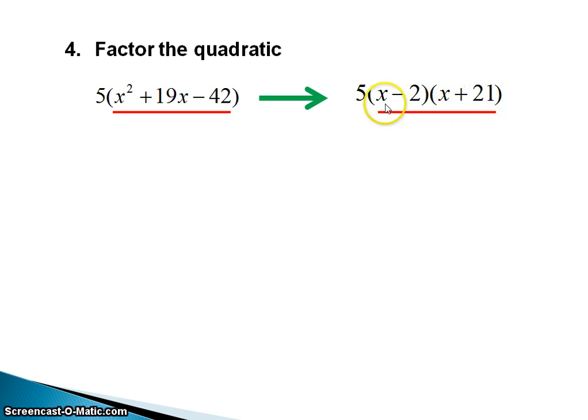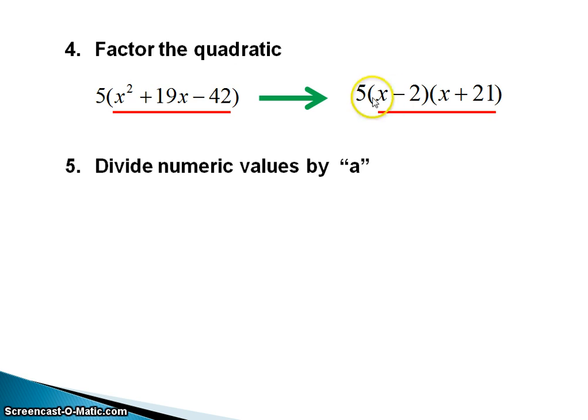So we're still working here with our temporary expression. Step 5. We're going to divide both of these numeric values that we found by the value a. Now our a was 3 after we factored out the 5. So we're going to divide -2 by 3 and 21 by 3.